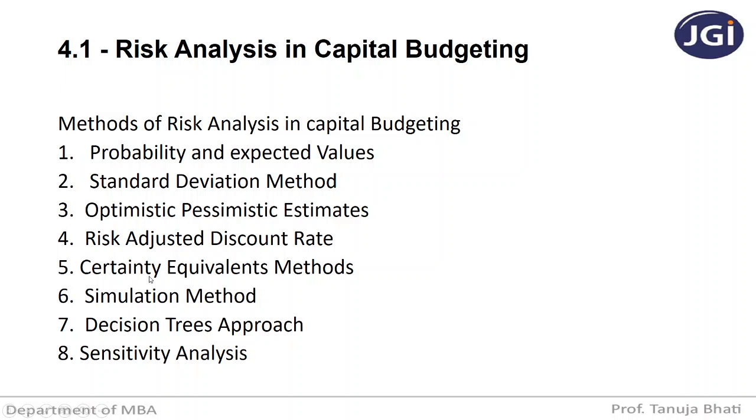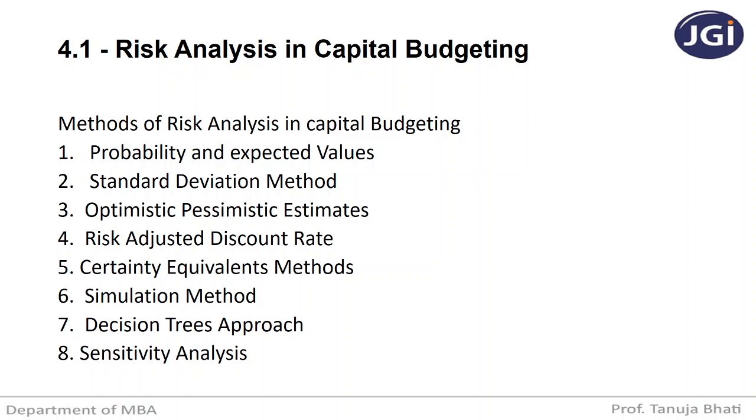Next, certainty equivalent method. Under the certainty equivalent method, we consider the expected cash flows instead of the discounted rate. Usually what we do is we first fund a particular investment, so that is called the initial cash outflow.